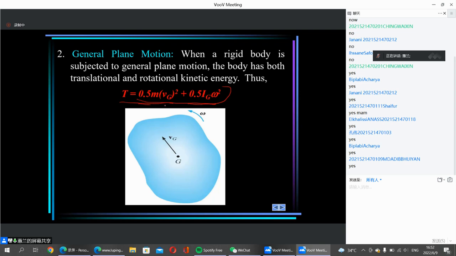We mean two parts: translational kinetic energy with the mass center and rotational kinetic energy around the mass center. However, we can simplify the kinetic energy for a rigid body doing pure rotation as one half I_O omega squared, where I_O is the mass moment of inertia about the rotation center.